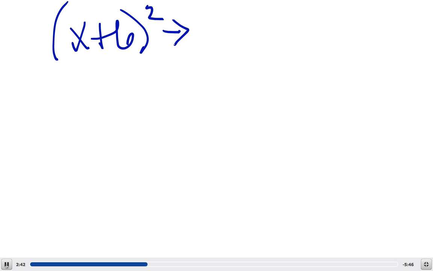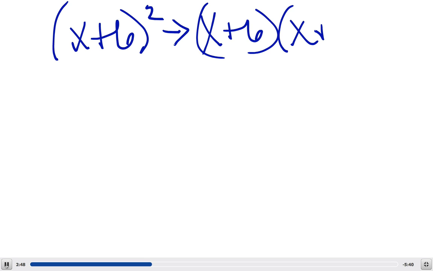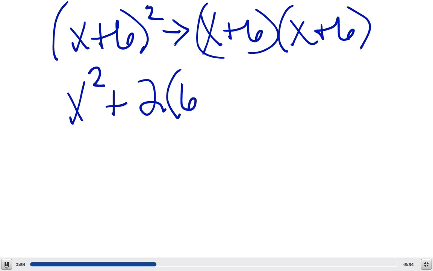Let's look at the pattern on this. Remember that we have, let's say, x plus 6 squared. That is going to give us, when we FOIL it, x plus 6 times x plus 6, which is going to give us an x squared, plus 2 times the 6x, plus the 6 squared.